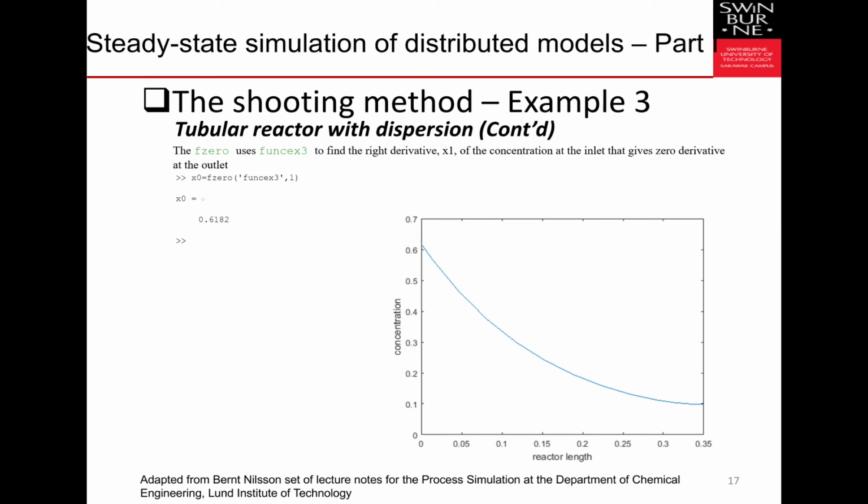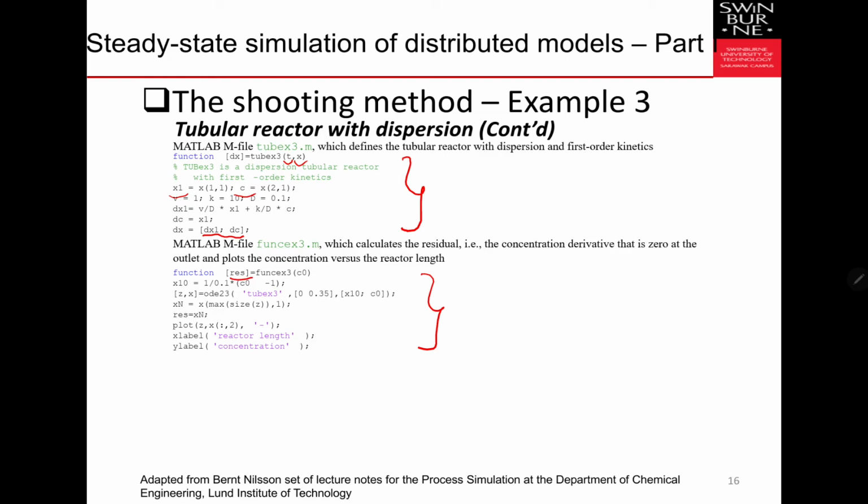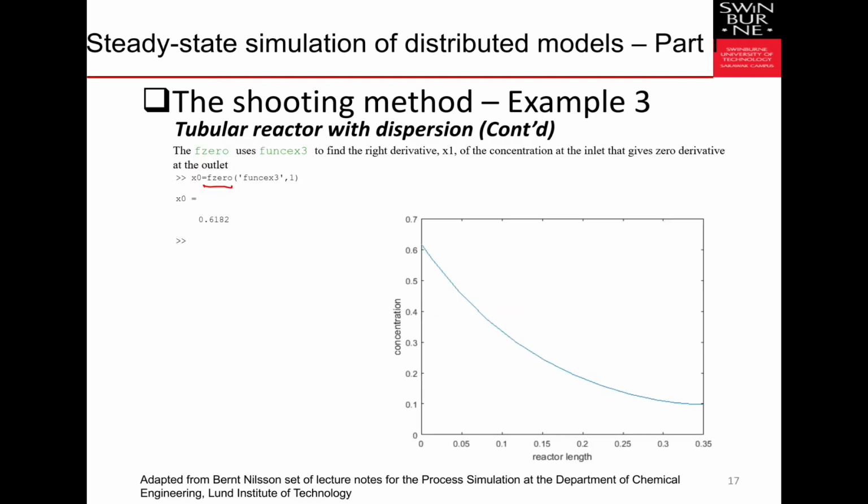If we run this using fzero, which basically repeats the iterations using the residual function, which in turn calls the ODE23 to calculate the profile using an ODE solver, which is a combination of the second and the third order Runge-Kutta, then we will get this concentration profile as a function of the reactor length.